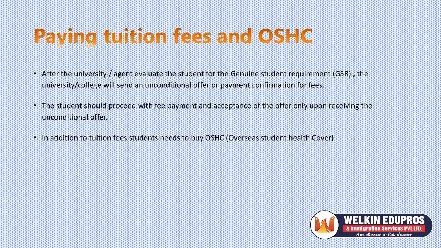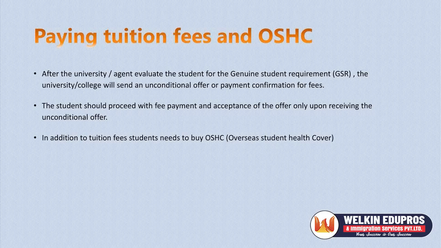Please note, do not accept any offer which is conditional, or pay the tuition fees on a conditional offer letter. Receiving an unconditional offer letter or confirmation of paying the tuition fees from the university is really important. If you pay the tuition fees on a conditional offer letter, the case might get stuck for weeks and months until the student clears the JSR requirements.